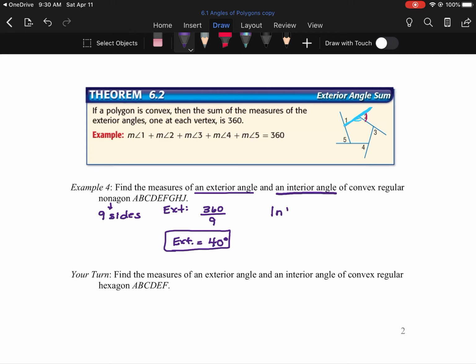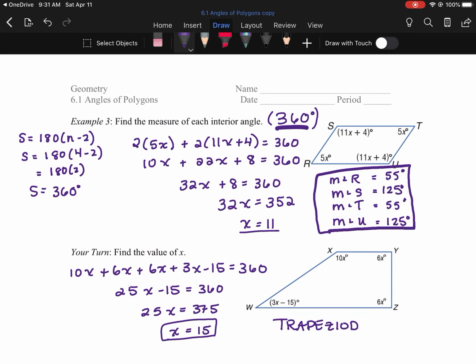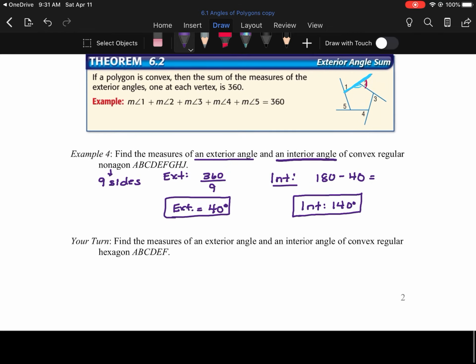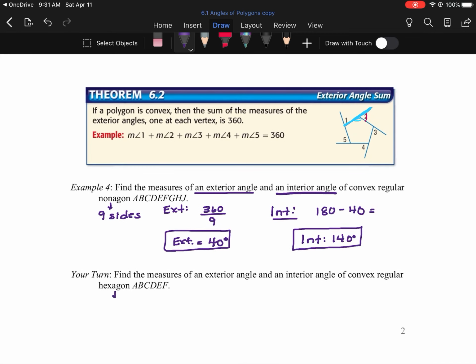So to find my interior angle, now that we already know the exterior angle, we can take 180 minus 40, and that's going to give us our interior angle. So my interior angle is 140 degrees. So remember, your interior angle and your exterior angle should always add up to 180 degrees. Let's take a moment, try the last one.